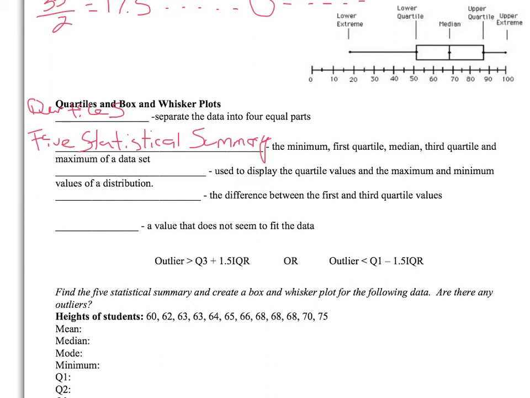Used to display the quartile values and the max and the min is a box and whisker plot. You have an example of one at the top of the paper. The difference between the first and the third quartile is called your interquartile range.